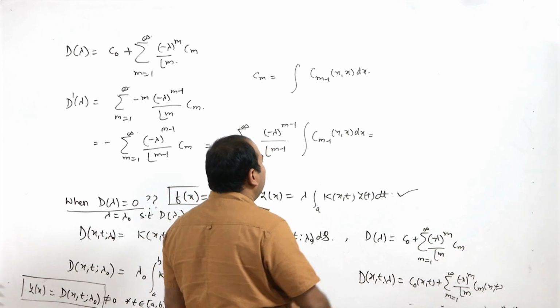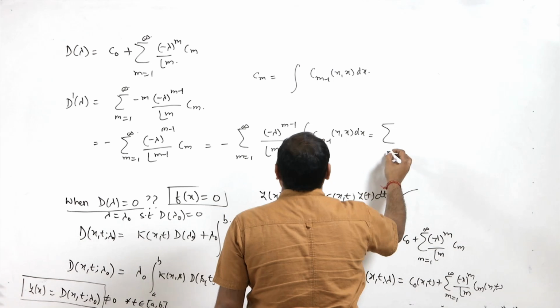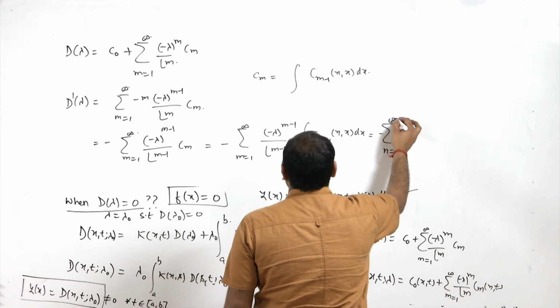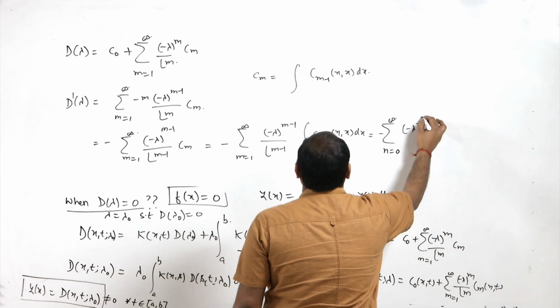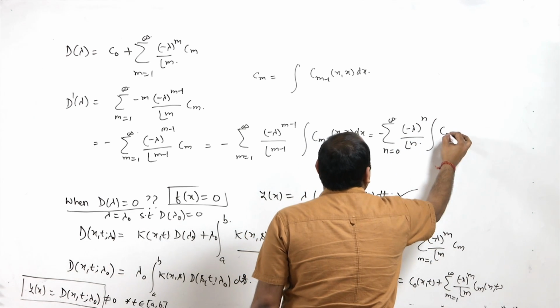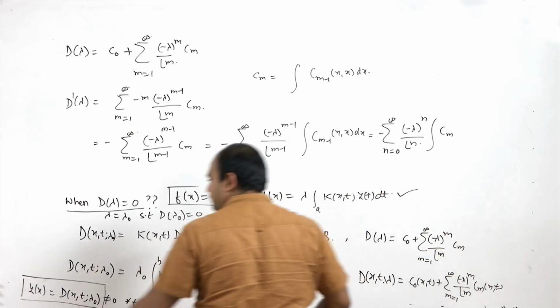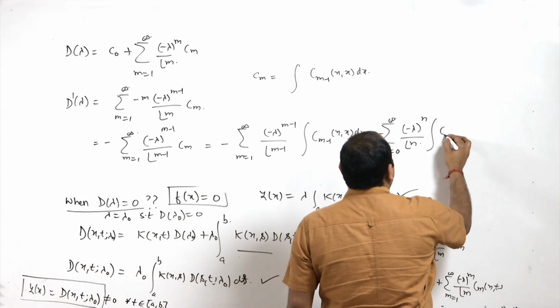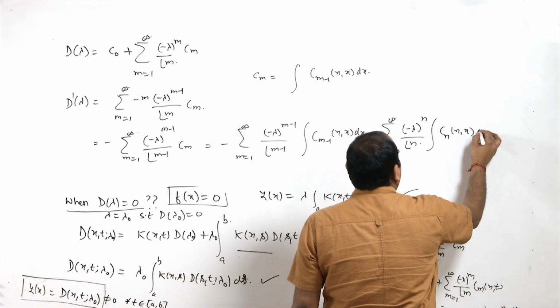and if you replace this dummy variable m minus 1 by some new n, you can write it as minus summation n equal to 0 to infinity minus lambda to power n upon factorial n and integral C n x comma x d x.